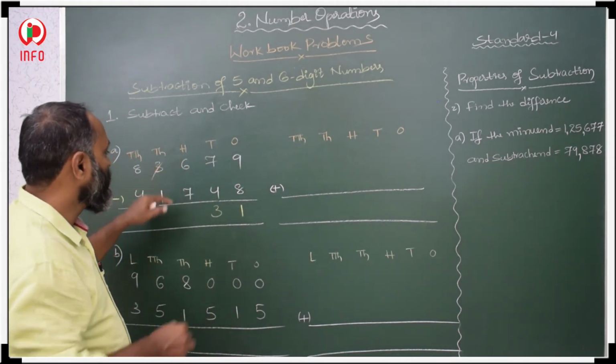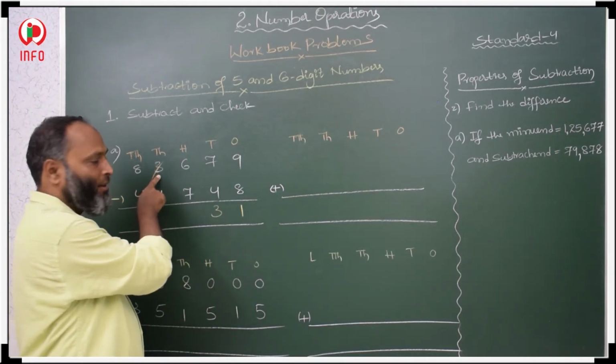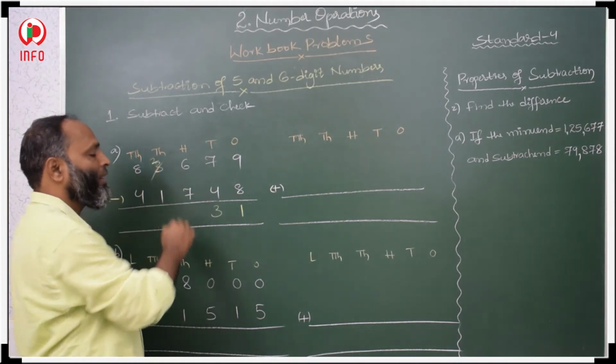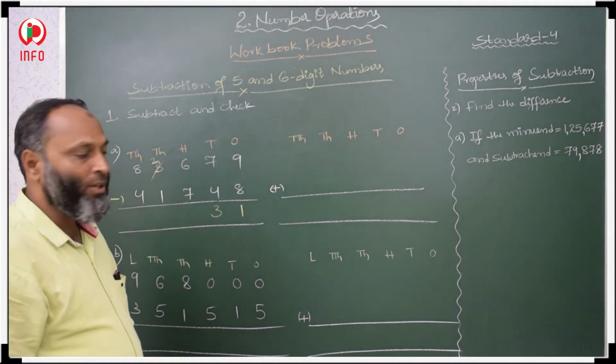Here 3000 was there, so we are taking 1000 from here. 2000 left.